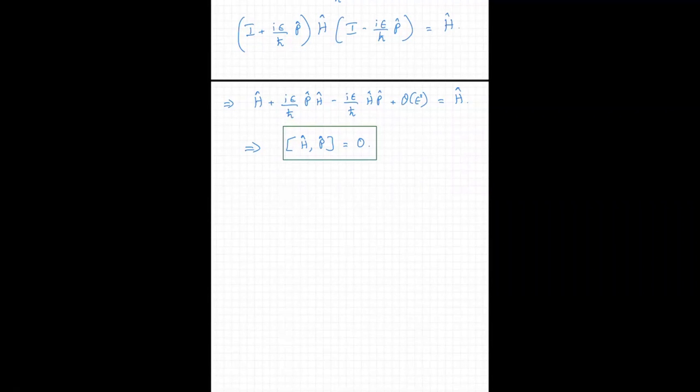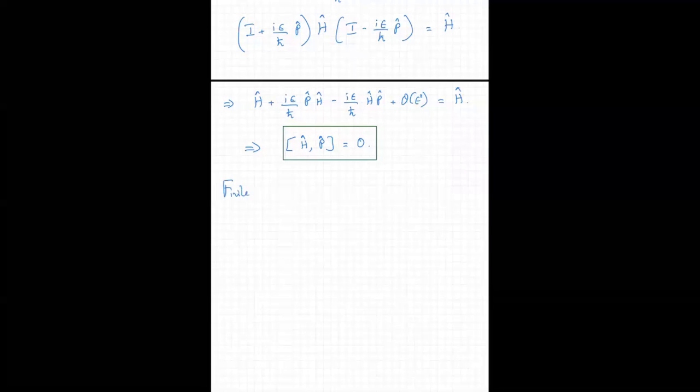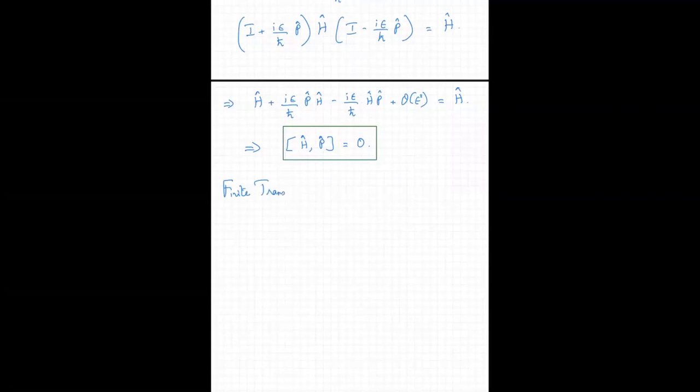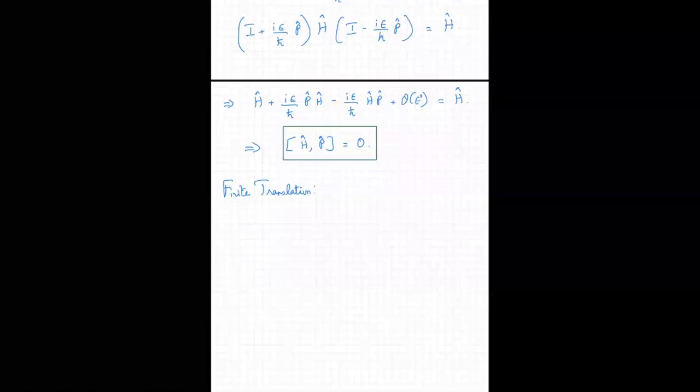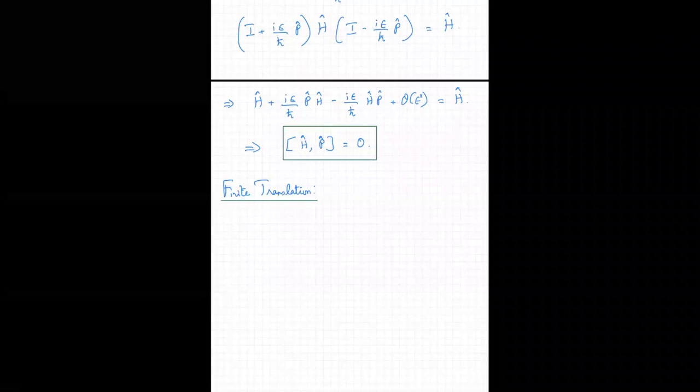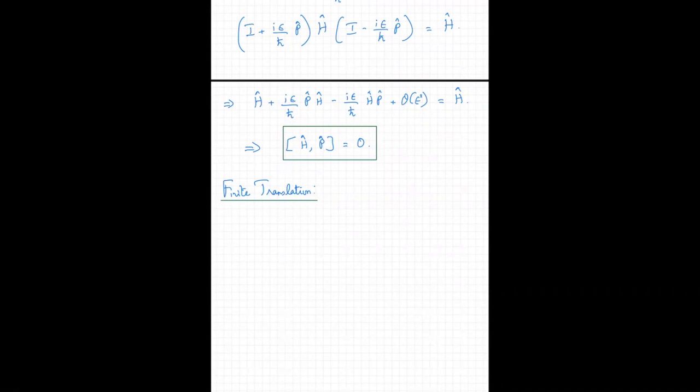Okay. So the final piece that we have to address before we move on to rotations is what is a finite translation. So let's talk about the finite translation. Okay, what is a finite translation?